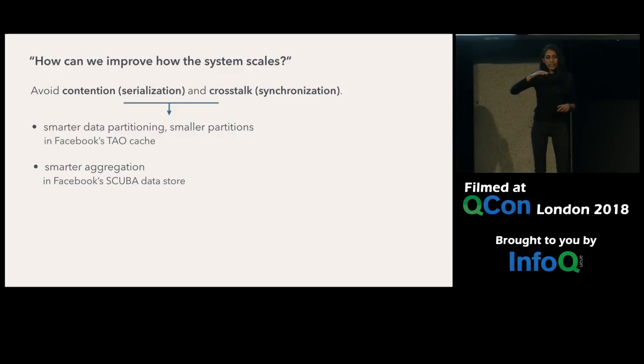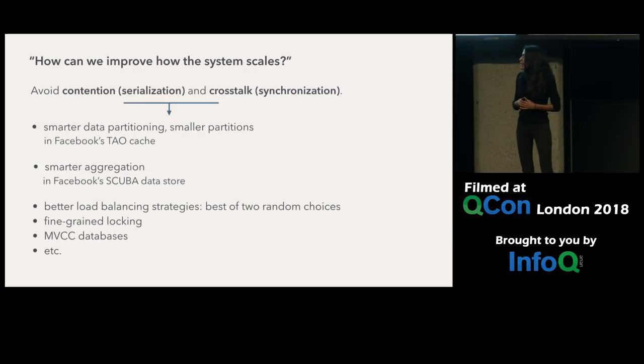So rather than having a flat hierarchy where you have one aggregation node and you just scale up the data nodes to accommodate more data, they structure Scuba as an aggregation tree, so you have several levels of aggregation. And the thinking here is you can parallelize the aggregation step better.